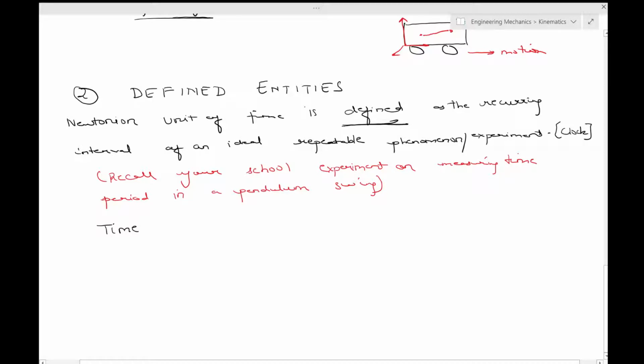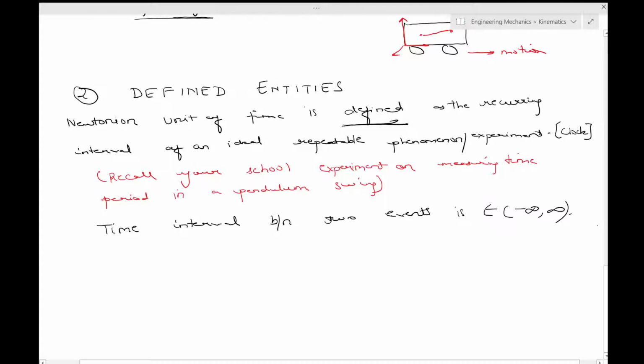So the time interval between two events is an element of the real numbers, from minus infinity to plus infinity. And it is modeled by real numbers, so you don't use imaginary numbers to talk about time.